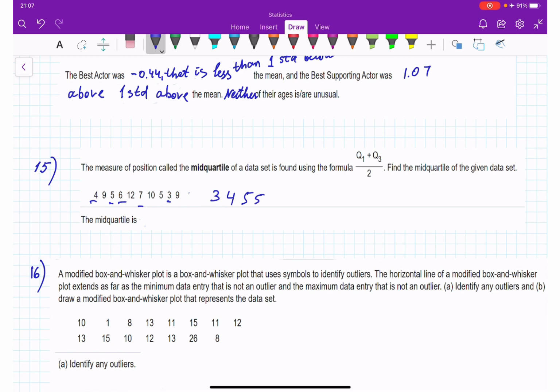One more 5, and then 6, and then we get 7. Twice 9, and then 10 and 12. Let's count it: 10 numbers.